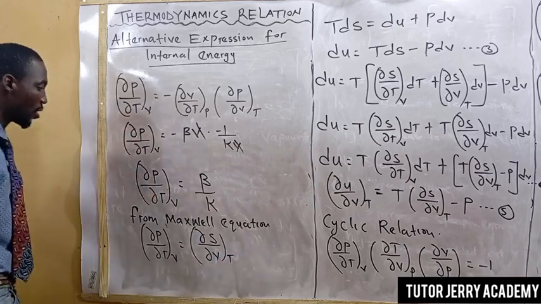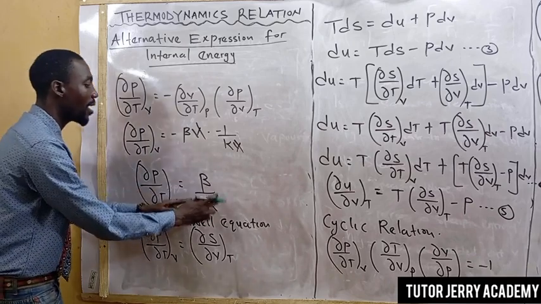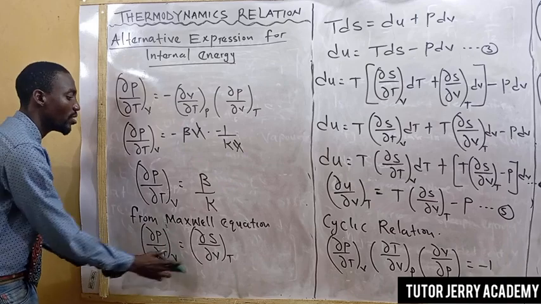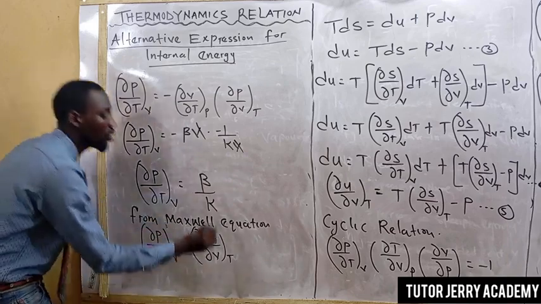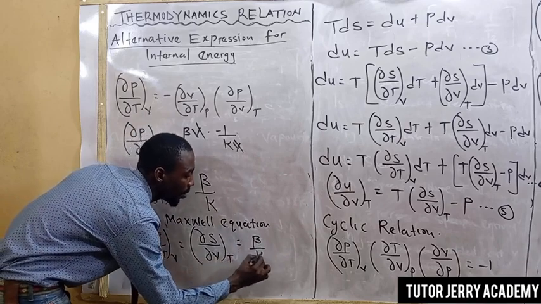So don't forget that this one is already equals to beta over k, and we are saying this one is equals to this. So we can say everything is equals to beta all over k.